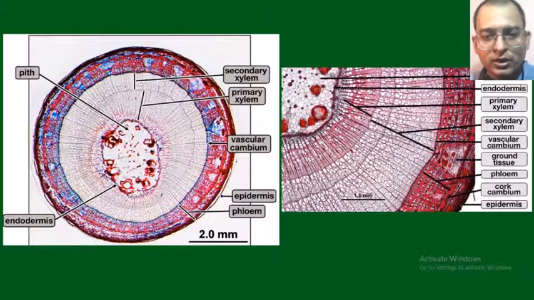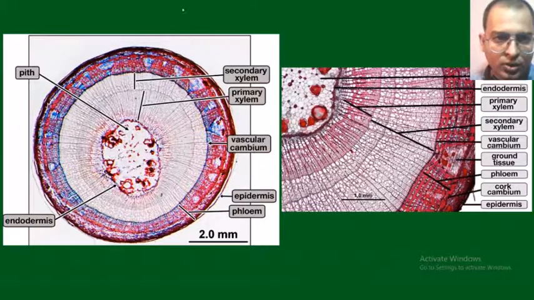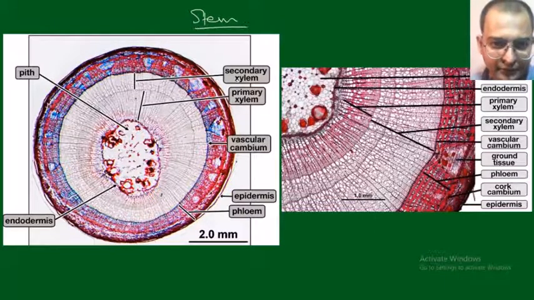When we look at the cross section of a stem, we observe that there are different types of tissues like the xylem, phloem, this central region called pith, and the external region.